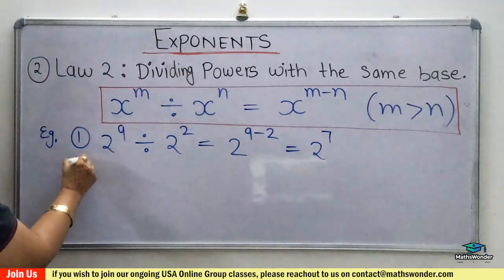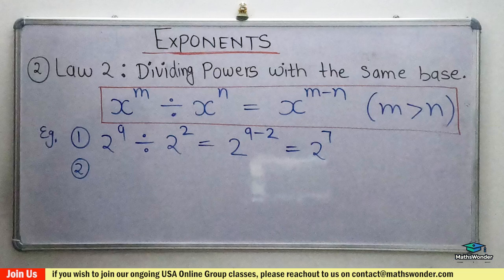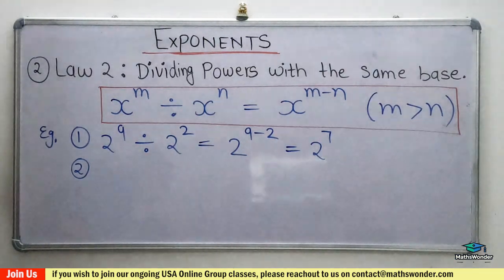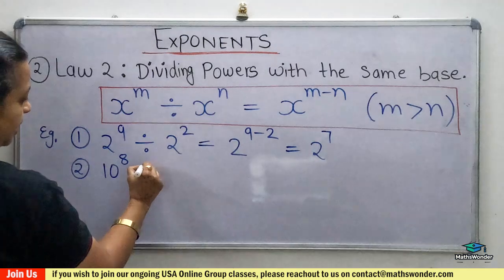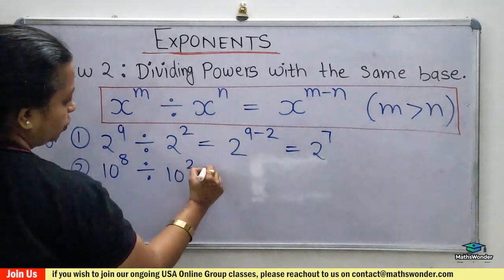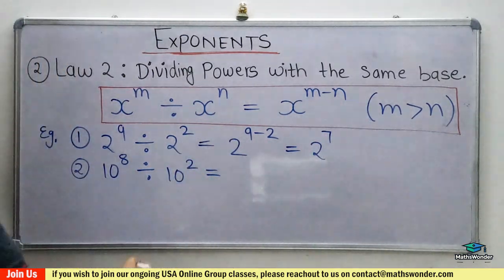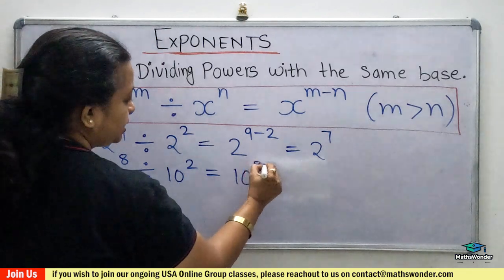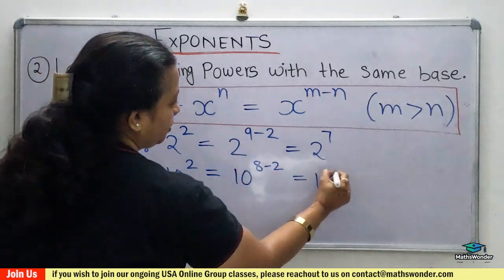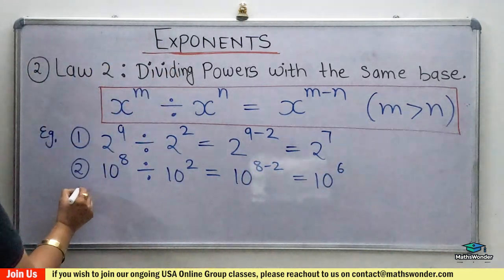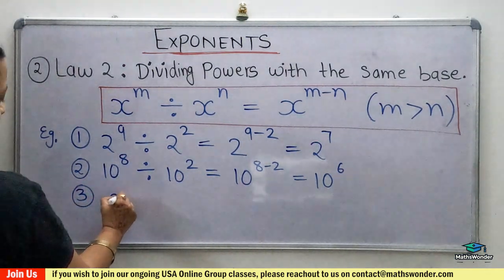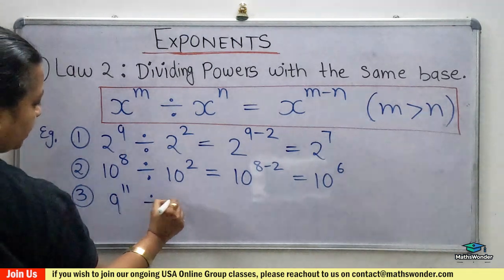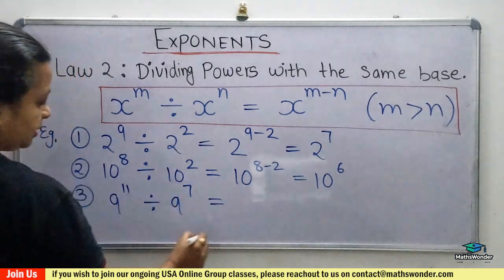Okay. Now the second example is 10 raised to the power 8 divided by 10 raised to the power 2. So what will be the answer? 10 raised to the power 8 minus 2, which is 10 raised to the power 6. Right? Now 9 raised to the power 11 divided by 9 raised to the power 7.